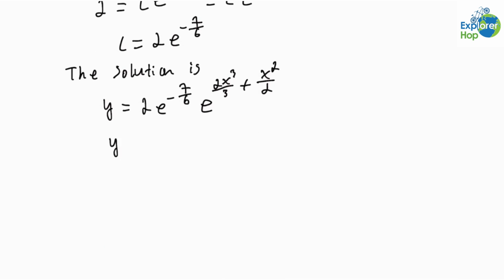So y is equal to 2 times e to the power of 2x cubed over 3 plus x squared over 2 minus 7 over 6.